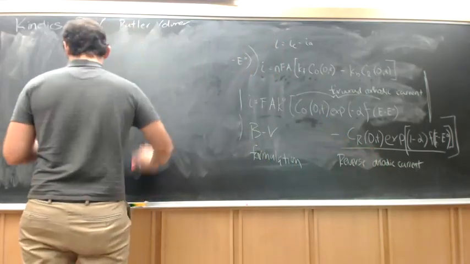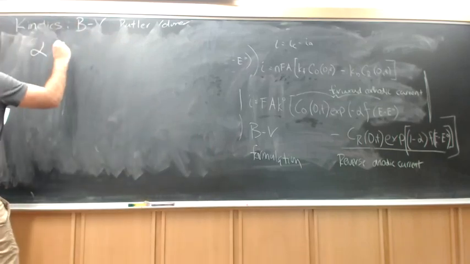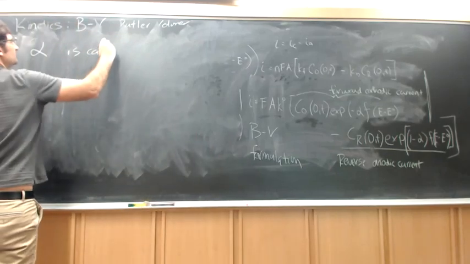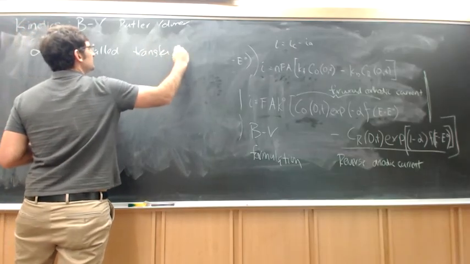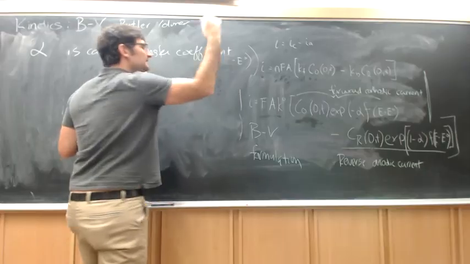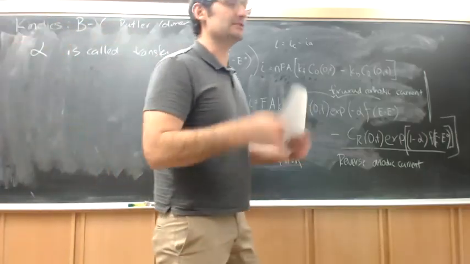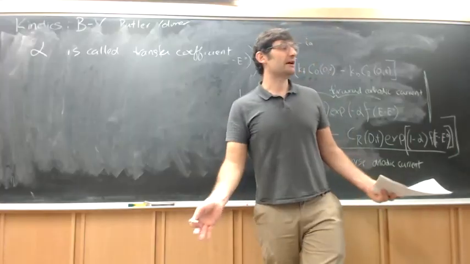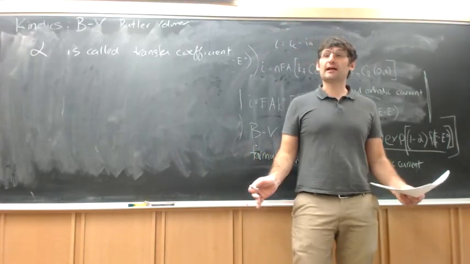So let's look a little bit more at alpha. Alpha is called the transfer coefficient. In this model, this is simply a model of reality. It's not reality, right? It's just a simple model to try to figure out how nature transfers electrons.